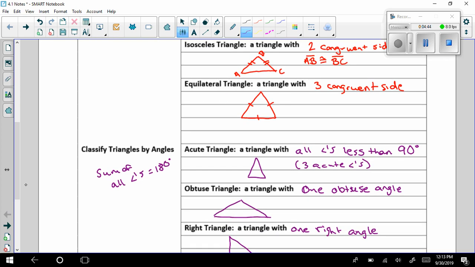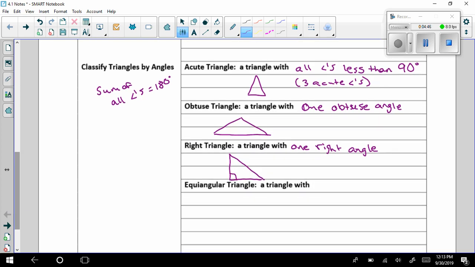Equilateral triangles are usually always equiangular. And an equiangular triangle is a triangle with all angles the same measure.